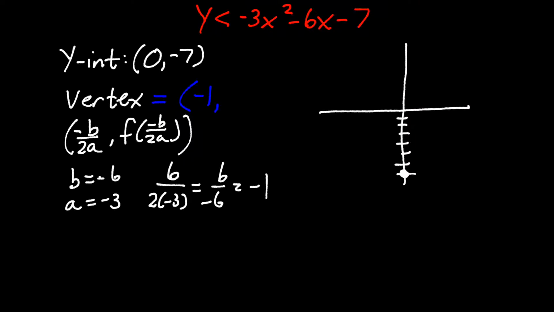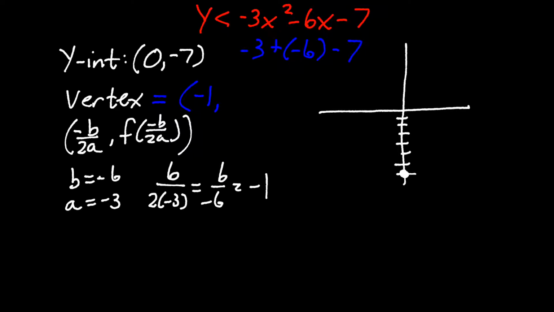We need to get the y value for our vertex. So we're going to take that negative 1 and plug it into the original function. Negative 1 squared is positive 1, times negative 3 gets us a negative 3, minus 6 times negative 1 is a negative 6, minus 7.